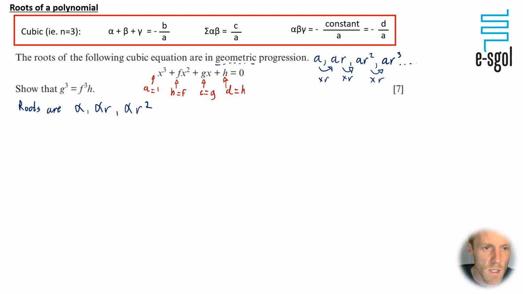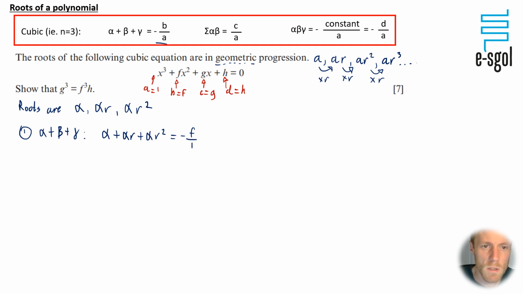So we'll start with the sum of the roots, alpha plus beta plus gamma. In this instance though, we're not using alpha, beta and gamma, we're using alpha plus alpha times the common ratio plus alpha times the common ratio squared, and that equals negative f over 1.